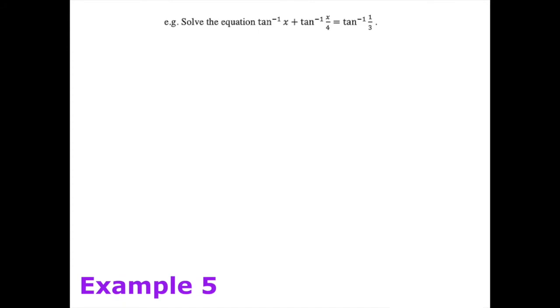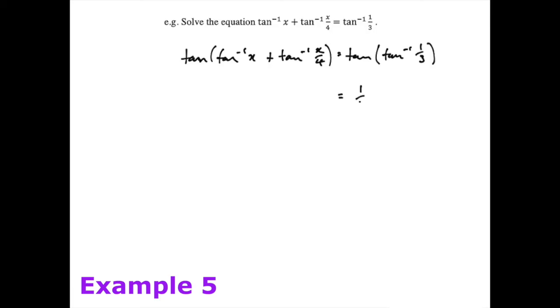Okay, last example for this video. Solve the equation arctan x plus arctan 1 over 4 equals arctan 1/3. So with this one here, with all the inverse tan that's going on, you're probably thinking, well, what if I take tan of both sides, and that works out pretty well on the right hand side because that just becomes 1/3.